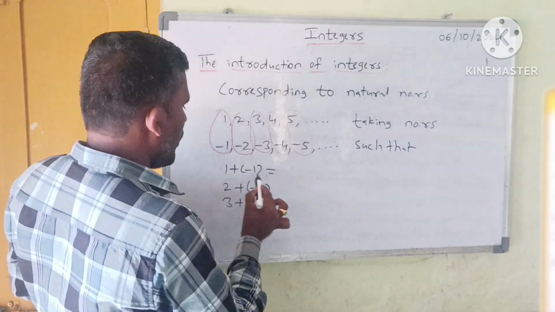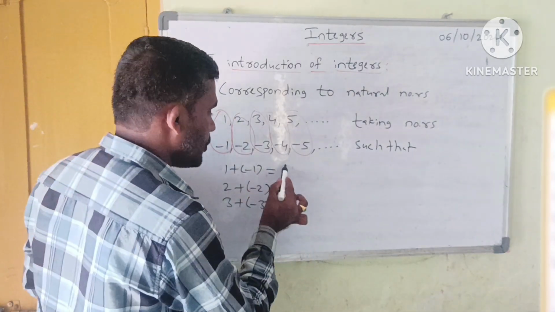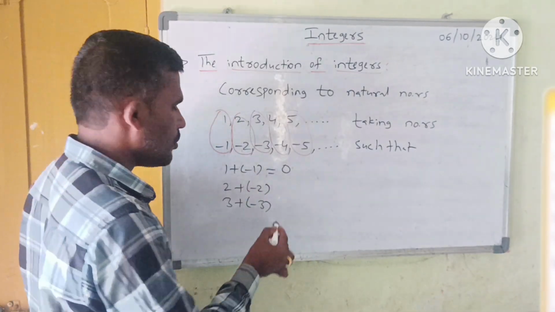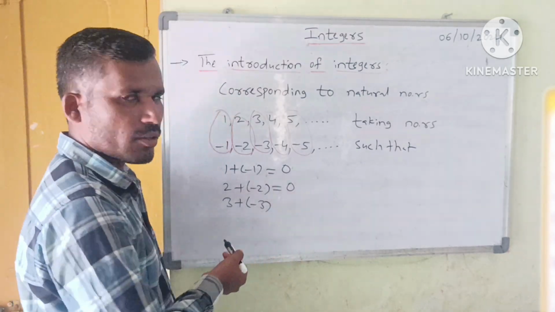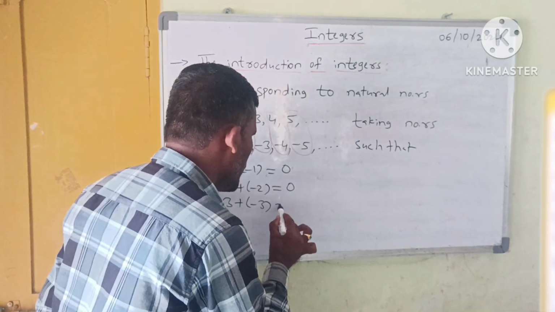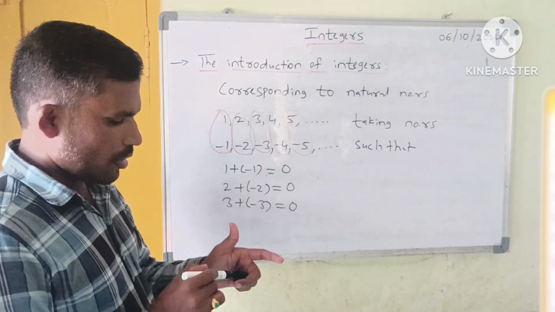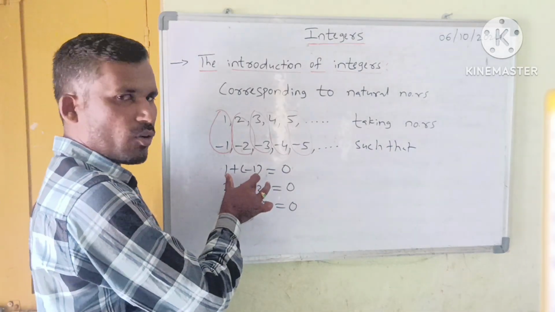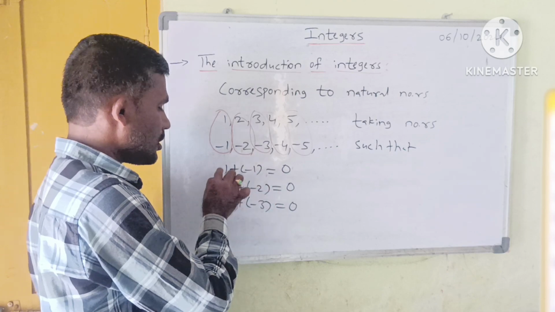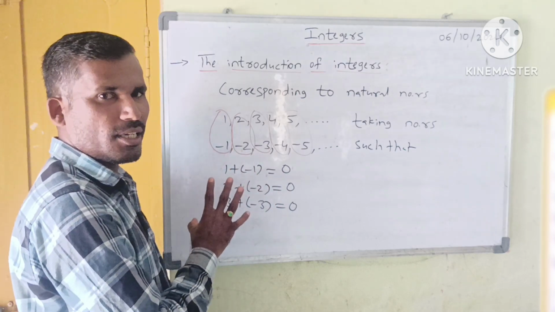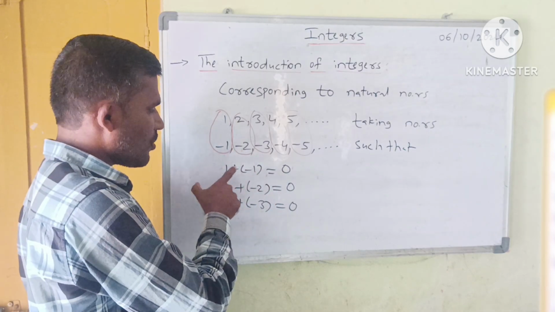Adding 1 plus minus 1 will get 0, 2 plus minus 2 will get 0, 3 plus minus 3 will get 0. So that's why we are getting 0, and both are the same quantity, just the sign is different. Sign is nothing but here plus, here minus.